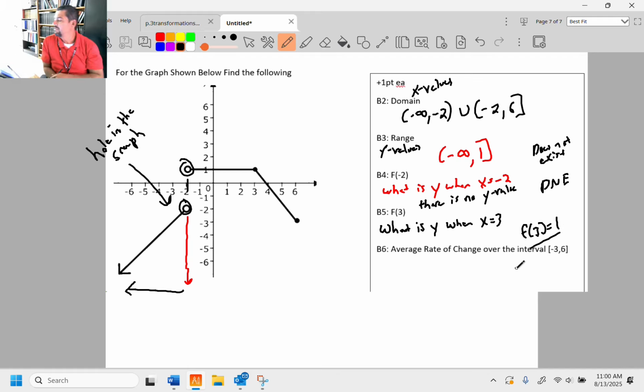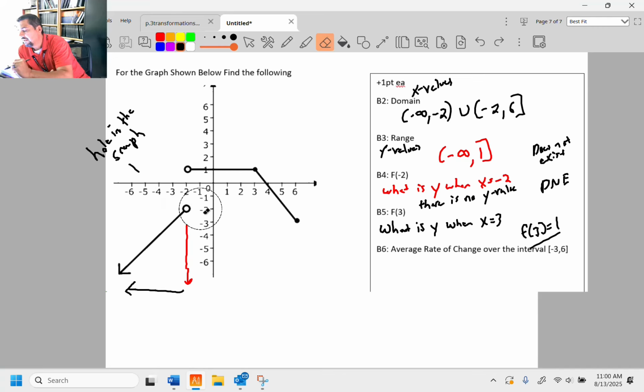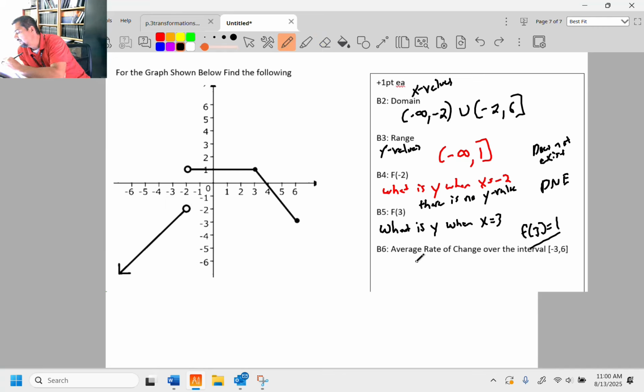B is the average rate of change over the interval from negative 3 to 6. Now, I told you earlier, and I meant it, that average rate of change is just a nice way of saying slope. So I'm going to think about these as like an x1 and an x2. I'm going to go to negative 3 and put a dot on the graph, okay? I'm going to go to 6, and put a dot on the graph.